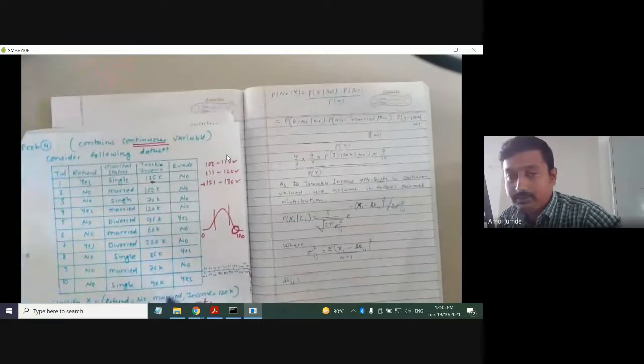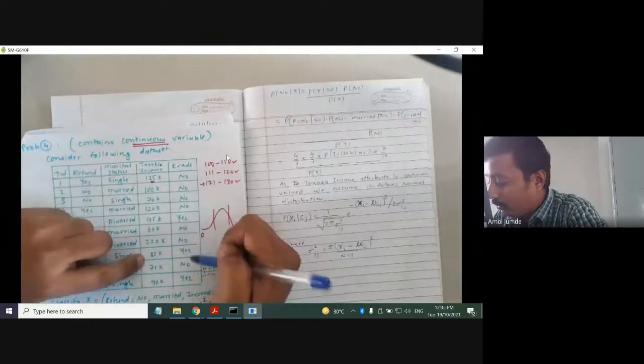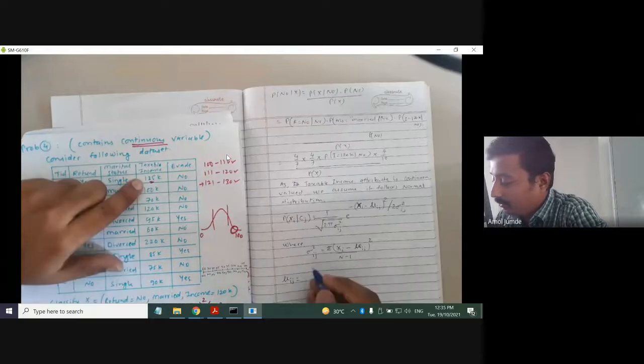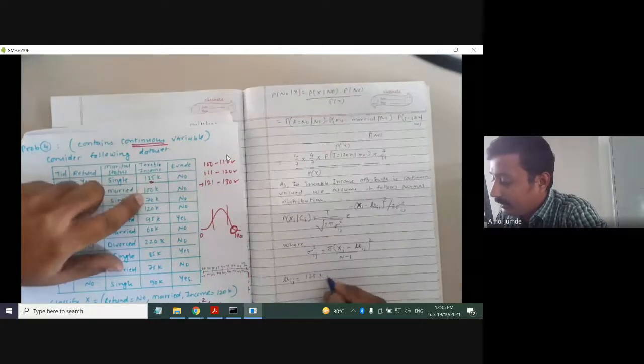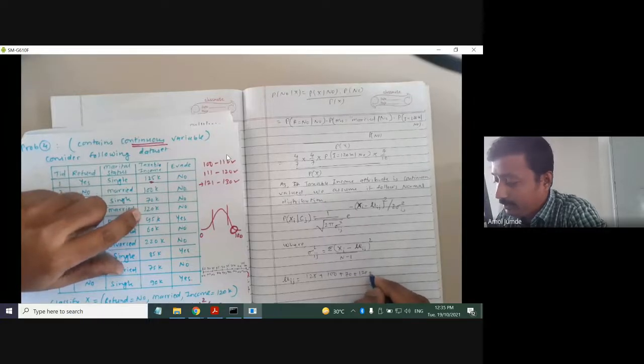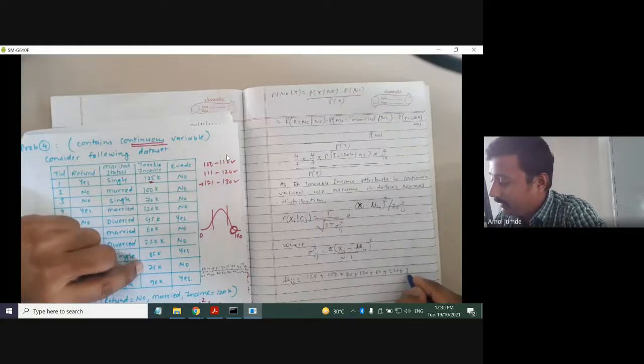So refer to the rows where class equals no. In 7 rows we have no, so we take the mean of those 7 values: 125 plus 100 plus 70 plus 120 plus 60 plus 220 plus 75.